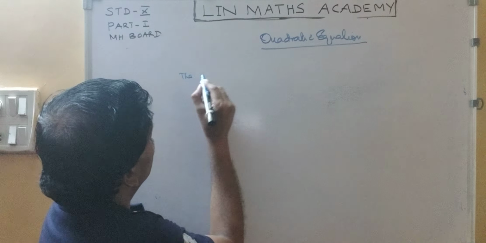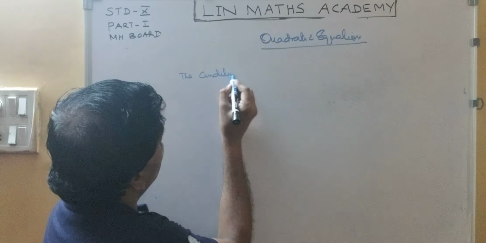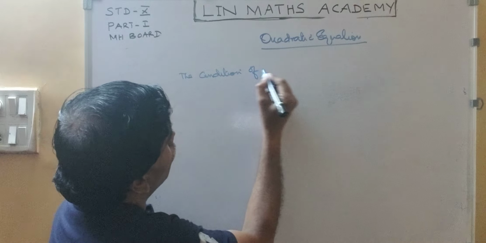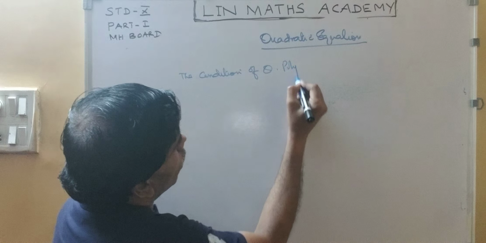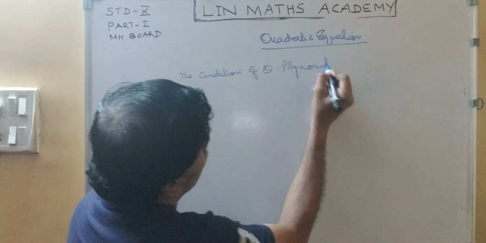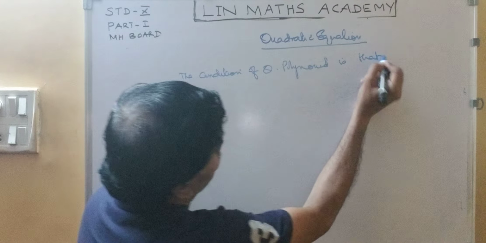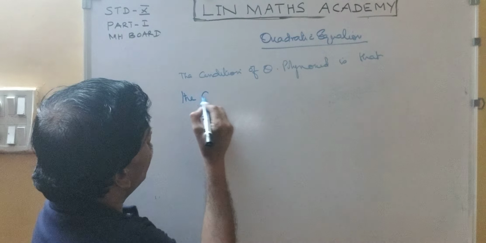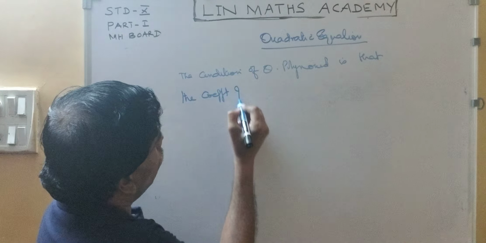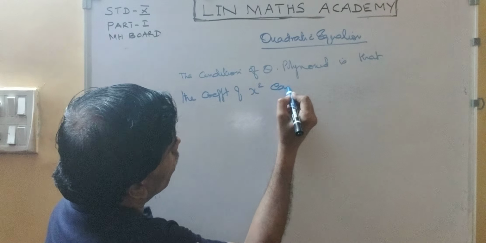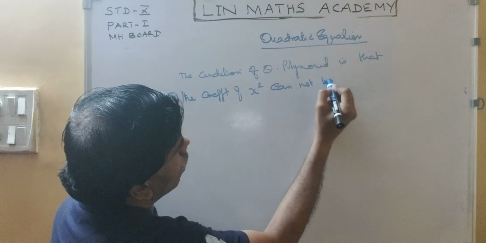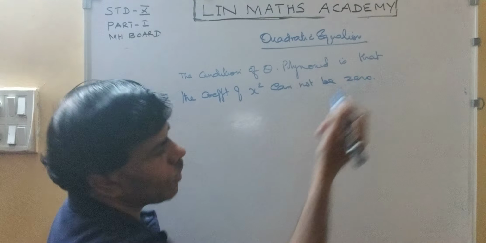The condition is that the coefficient of x square cannot be 0. That's all.